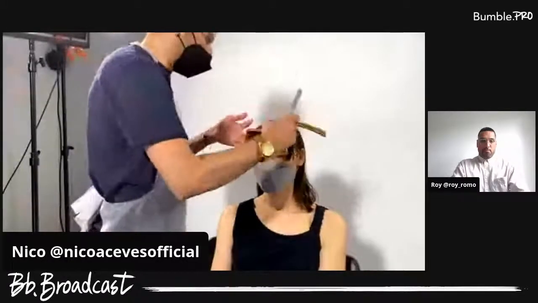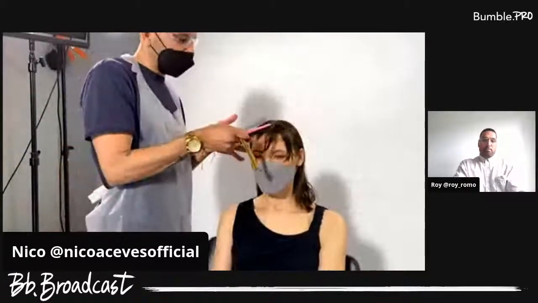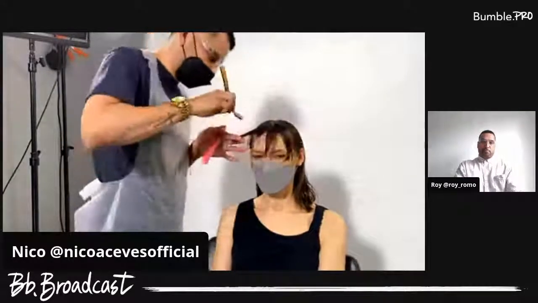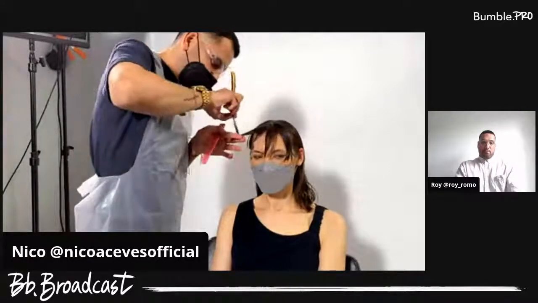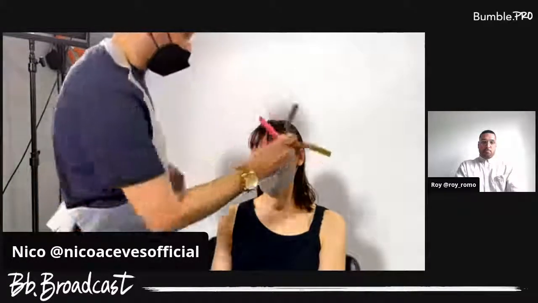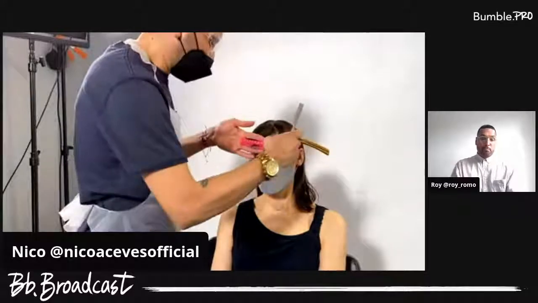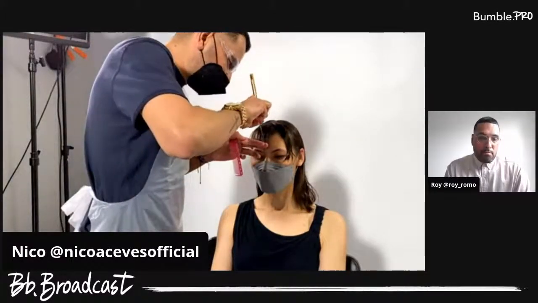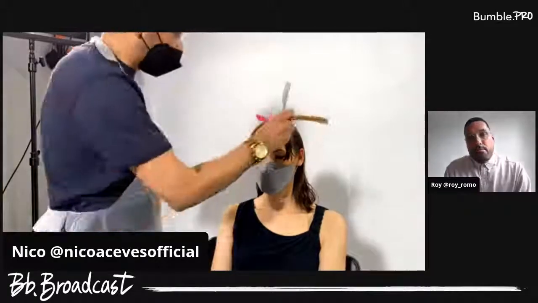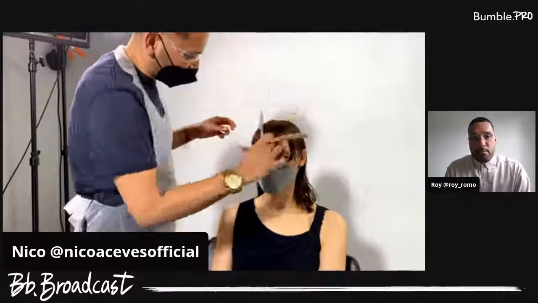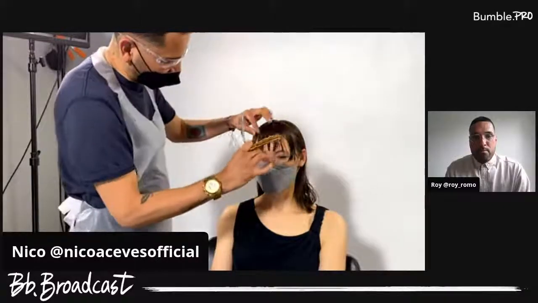And as I work my way up, there's just a natural elevation right off the round of the head. And the hardest part about this, because she's been trimming her bangs, is that I don't have that much length to hold on to. So I'm doing my best to really keep that hair in my fingers.